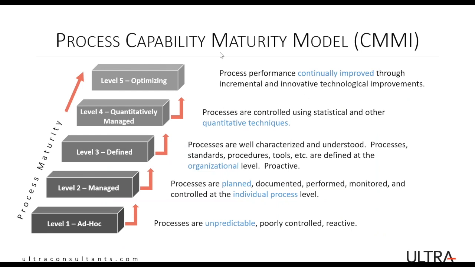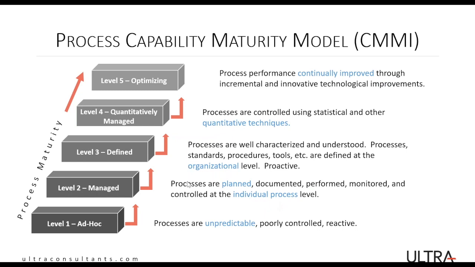Out in Lean Six Sigma is this capability maturity model, and we've built that out for quote to cash, order to procure to pay, et cetera. It starts at the basic level, level 1, and this is the Lean Six Sigma definition: level 1 is ad hoc, where processes are unpredictable, poorly controlled, and reactive, moving up to managed, where we have a better understanding, and then well-defined.